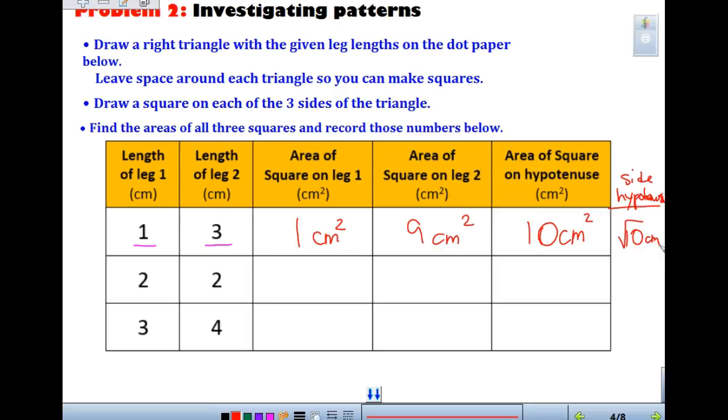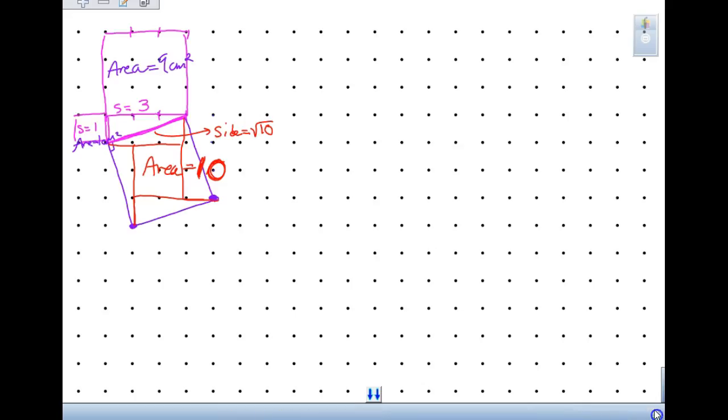The next square, you want to make 2 legs of our right triangle with side 2 and 2. My hint for that one is when you're on your dot paper, you might want to go down here, right, so that's a side of 2. And then I might put a side of 2 being right here, right?